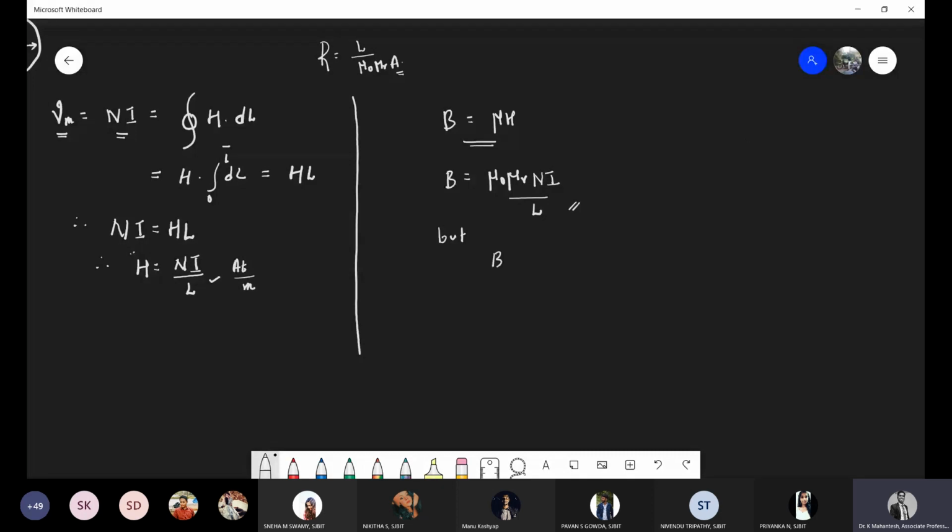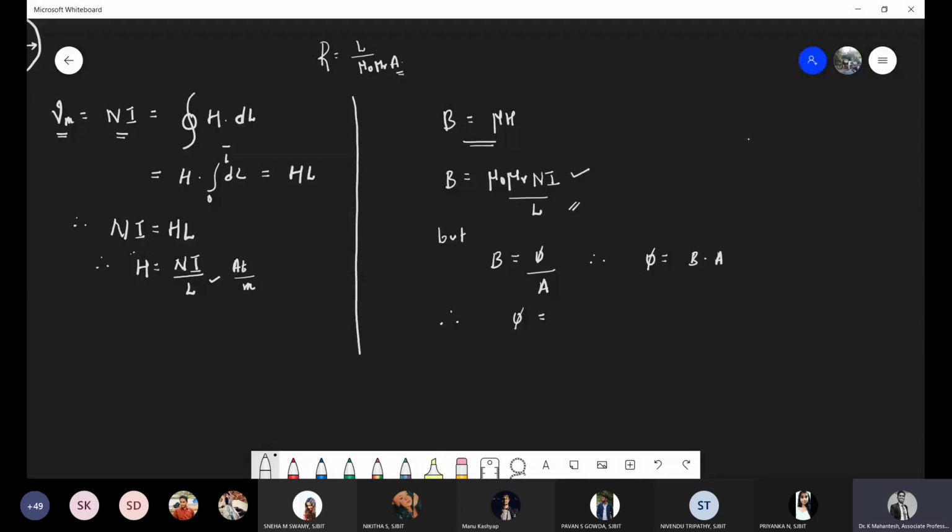We know that flux density B is equal to total flux divided by total area. Therefore, flux is equal to B into A. So I could write flux phi is equal to, what is B?